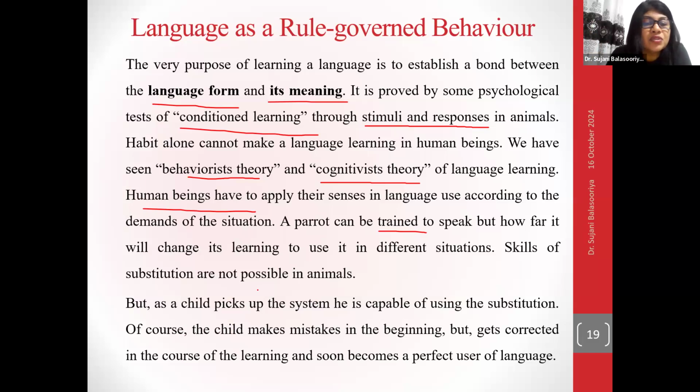Skills of substitution are not possible in animals. This is not available in animals. That is why this parrot situation is doubtful. They can't substitute. You know what substitution means? That we use something instead of another thing. In Sinhala, we have the term adishaka.